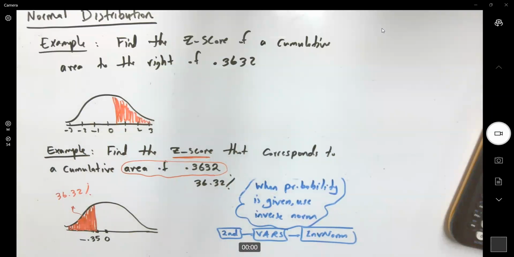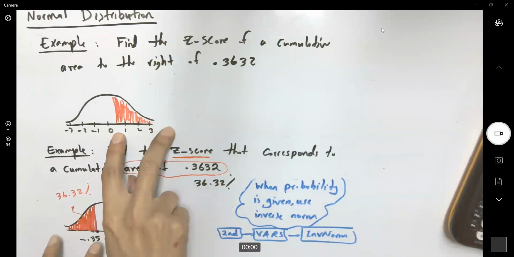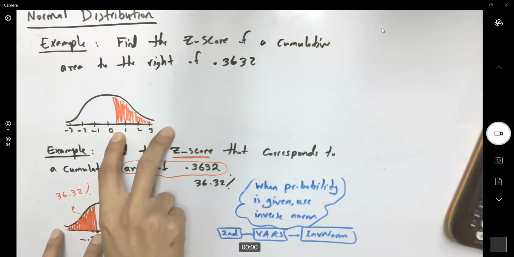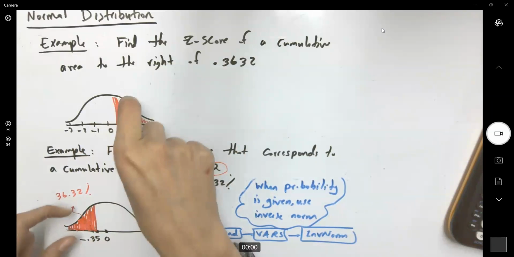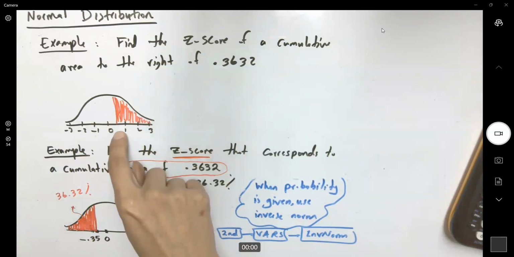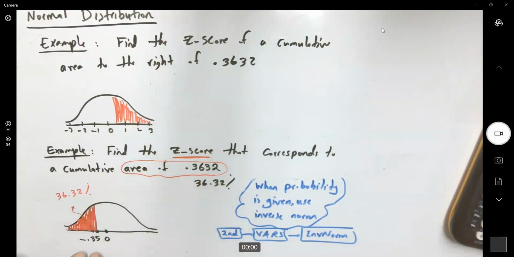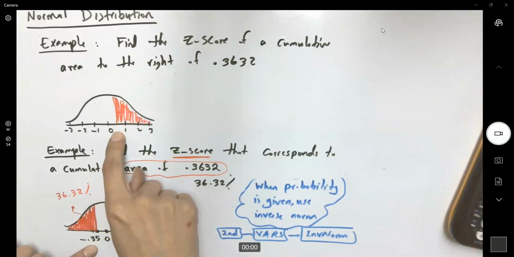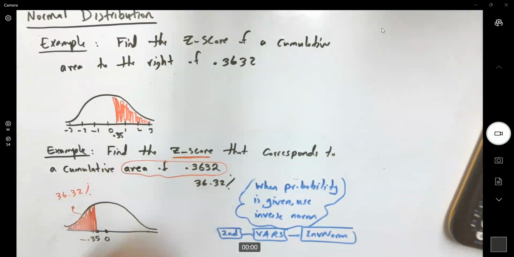First of all, you can say that since this portion and this portion are both the same portion, these two areas are the same. On the right-hand side, I get a positive 0.35. So you can say that since on the left-hand side, I have negative 0.35, on the right-hand side, I get a positive 0.35. So this is 0.35.